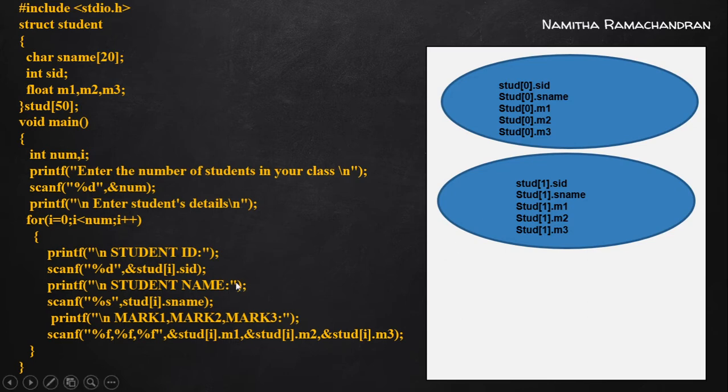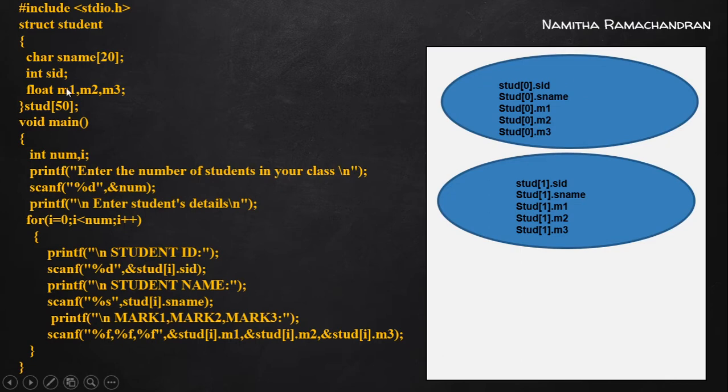While creating 50 such student structure variables, it performs separate memory allocation in our system memory. Keep that particular point in your mind. While creating such 50 variables, it performs separate memory allocations for each and every structure variable.